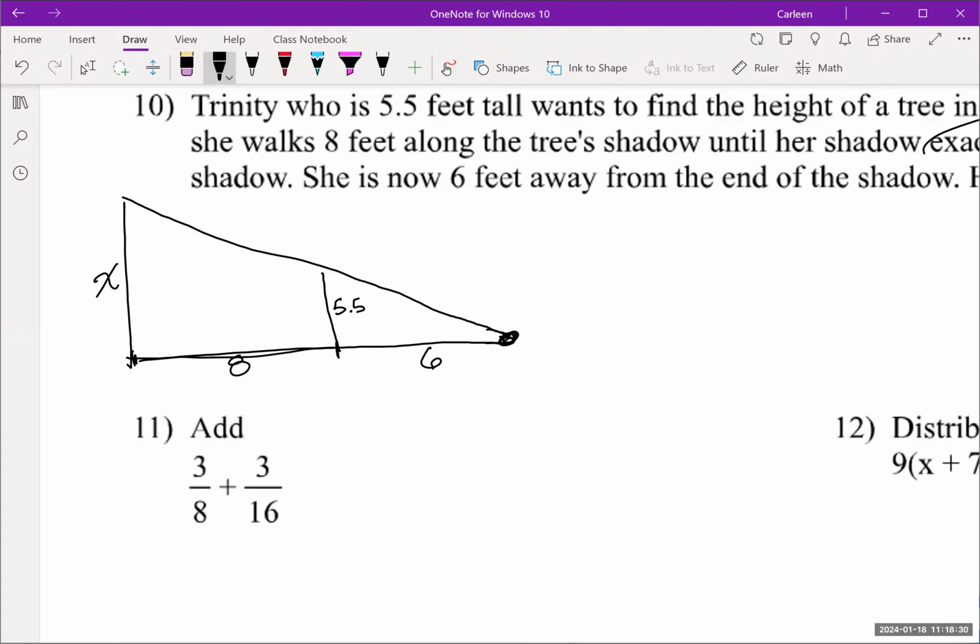Ah, yes. Okay, so we have a little overlap. We draw them separately. We have 5.5 and 6. We have X. Okay, big question. What are we going to do to find the length of that base?